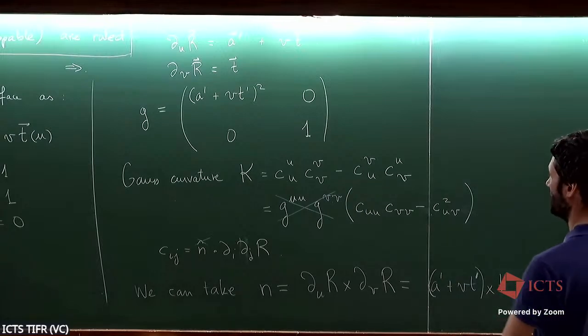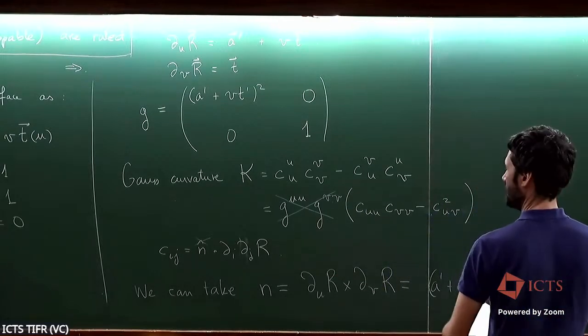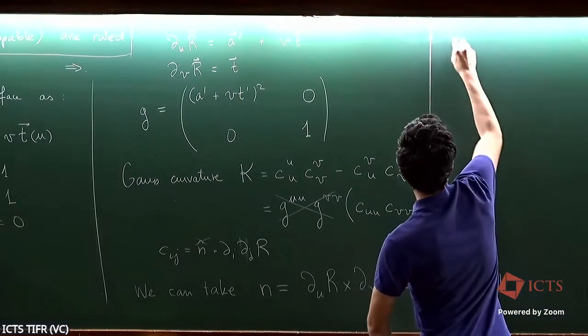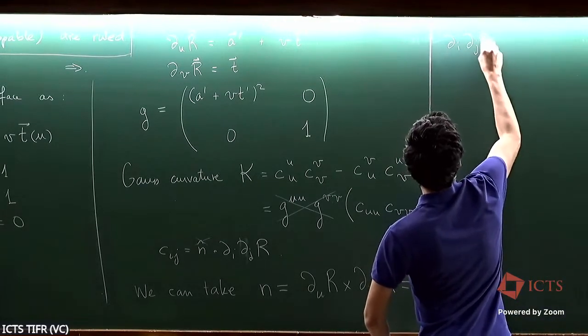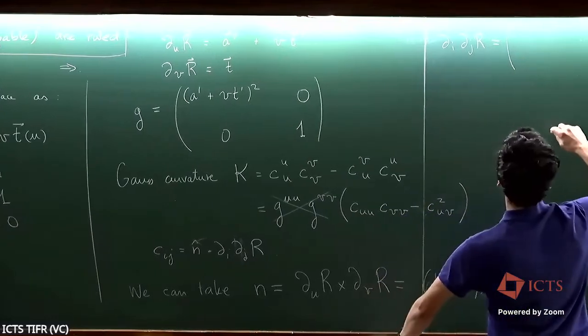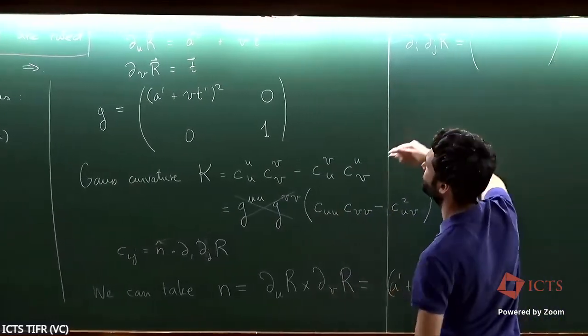And then what I have here is d_i d_j of R. We write it as a matrix, but it will be a matrix with vector components.